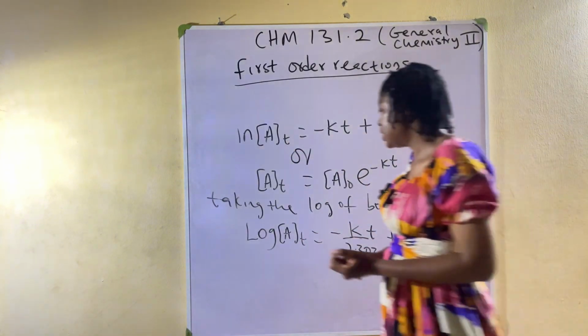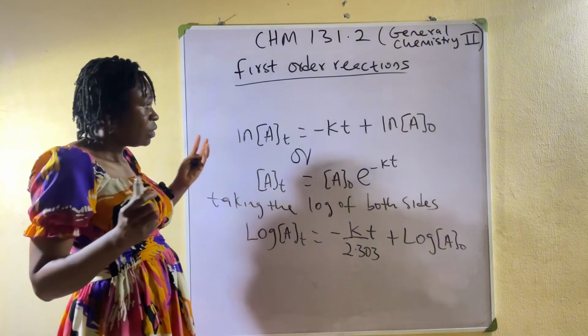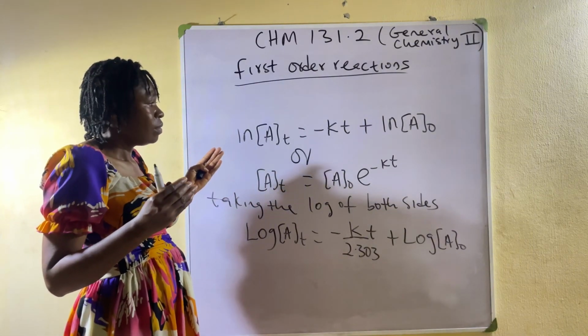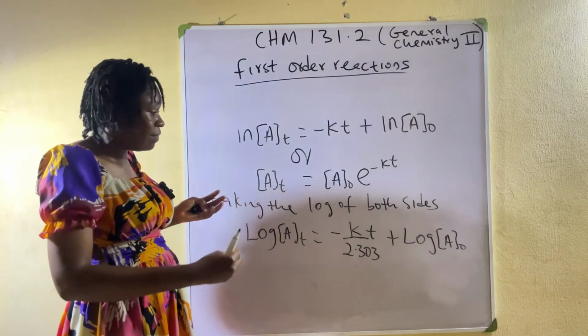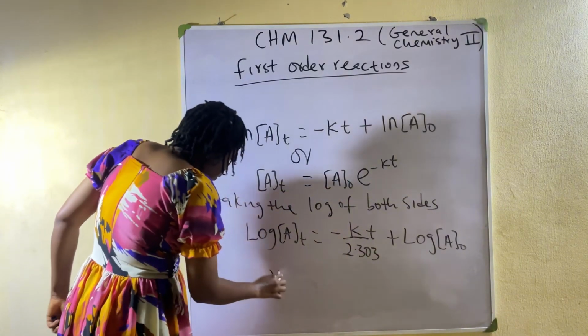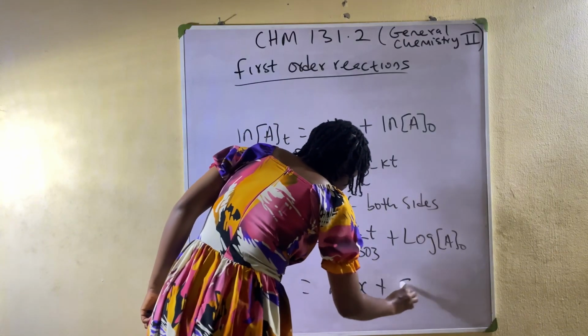So if I plot the graph of a first order reaction, you see the same negative slope we're going to have. You are familiar with this.